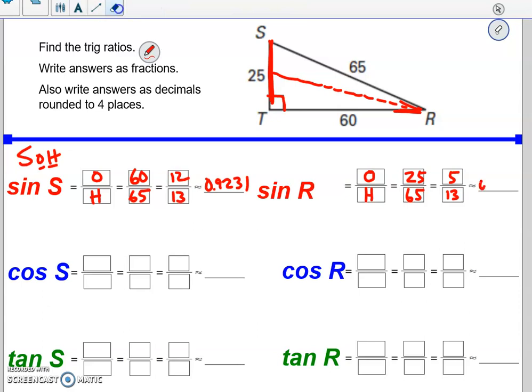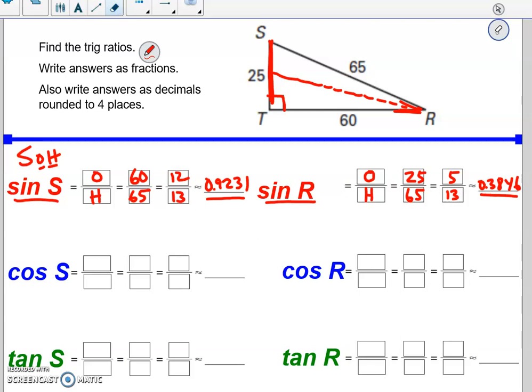And again, we're probably going to take an approximation of that, 0.3846. Okay, so that's the ratio of the opposite over the hypotenuse. So we would say that the sine of angle S is 0.9231. The sine of angle R is 0.3846.